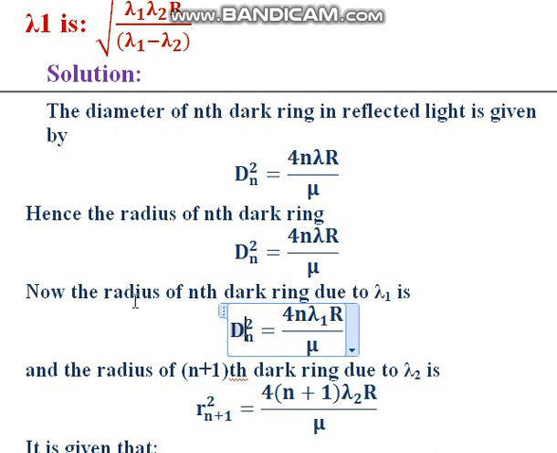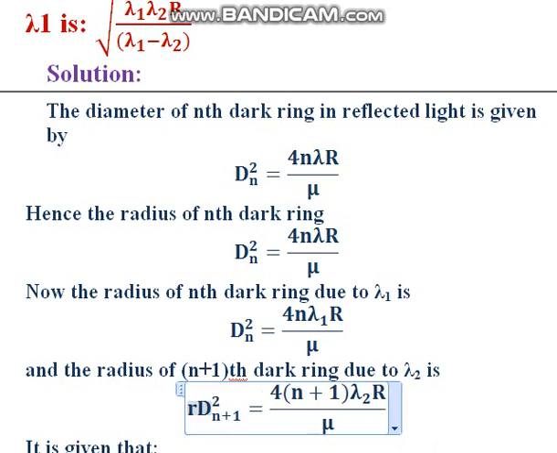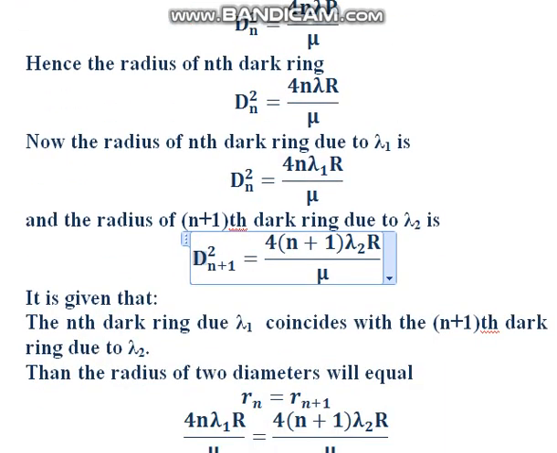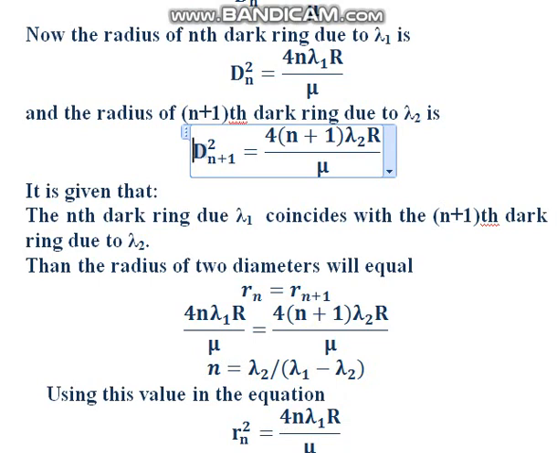The diameter of the (n plus 1)th ring can be obtained by putting n plus 1 in place of n, and let's equate the diameters of these two rings. In this way you can obtain the order, which order will overlap with each other.